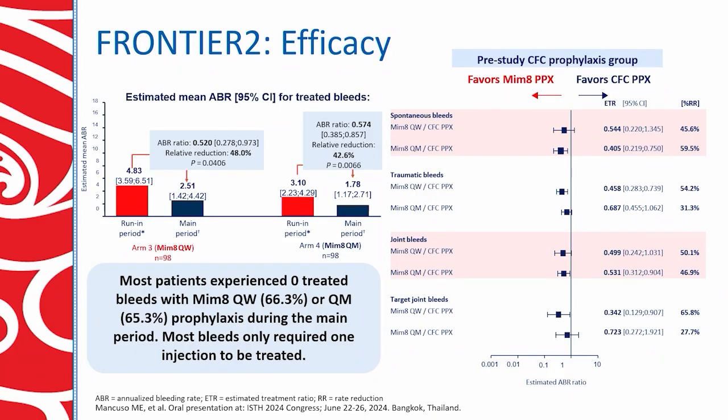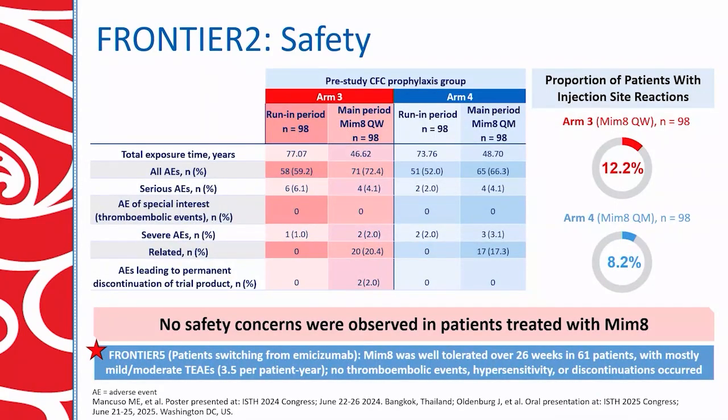And on the right side of this slide, you can really see that compared to the previous clotting factor therapy, there are advantages for the different subgroups of bleeds with the use of Mim8.